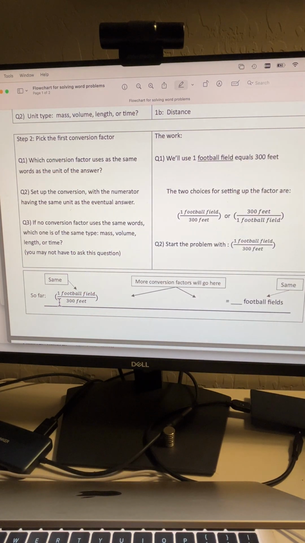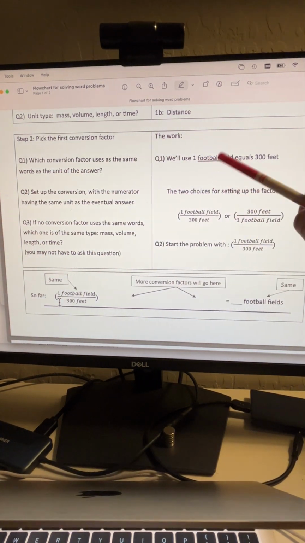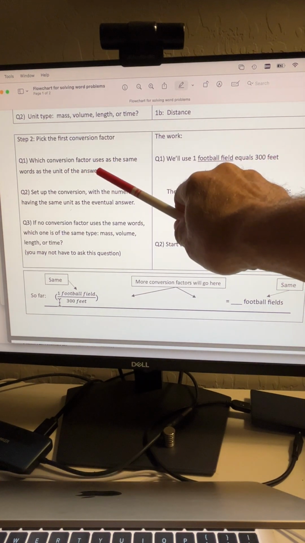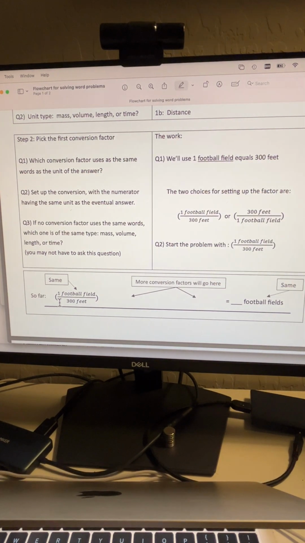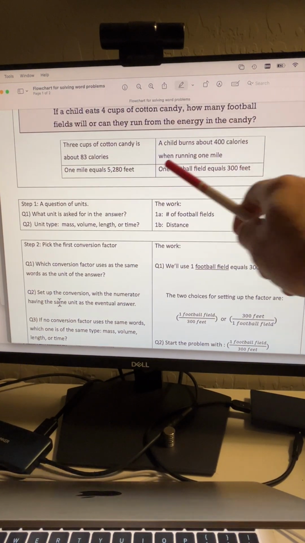Looking back up at the question, which conversion factor uses the same words as the answer? The answer is football fields. So there's the question: which conversion factor has the words football field in it? And only one of them does.